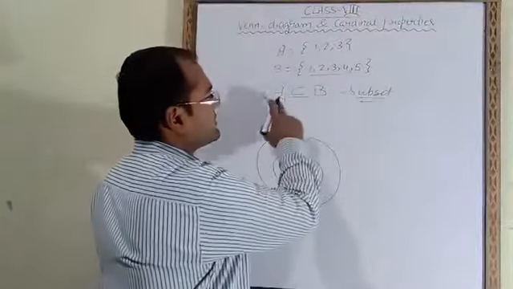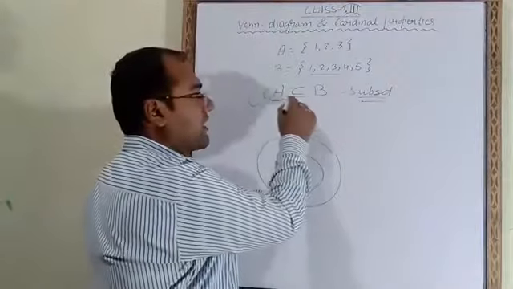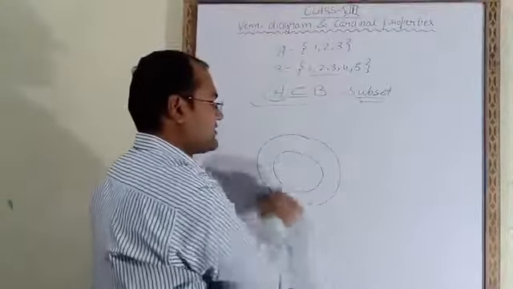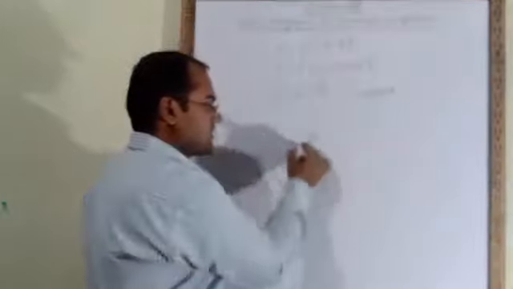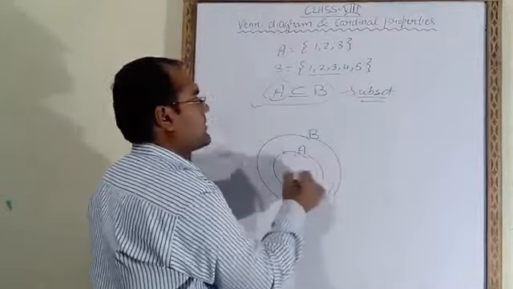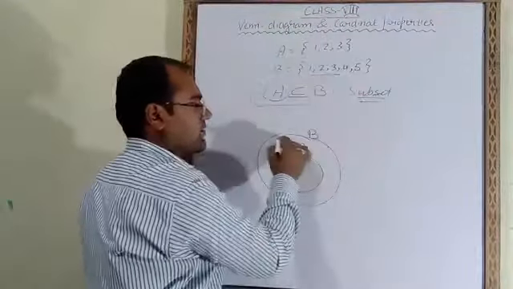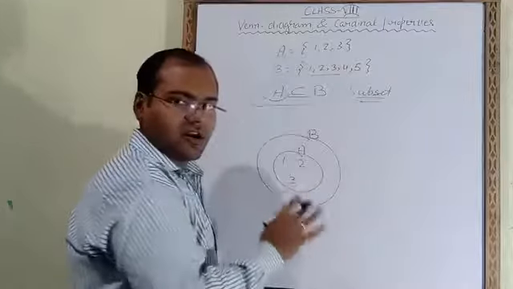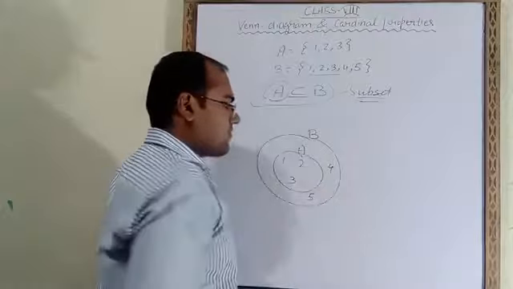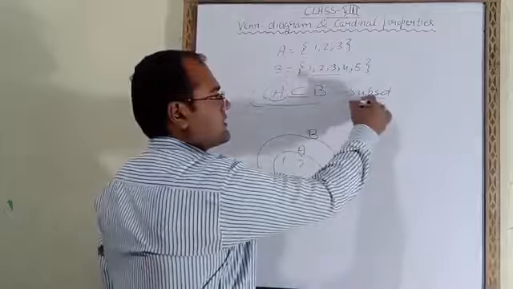This is A is a subset of B. That means A's elements are coming inside B, so this larger circle will be B. Inside this B circle we have to take A. Here we first write A's elements 1, 2, 3 and B's elements 1, 2, 3, 4, 5. Inside this B circle 1, 2, 3 we have already written. Now the remaining elements, 4 and 5, we will write here outside. So this is the method of representing a subset.